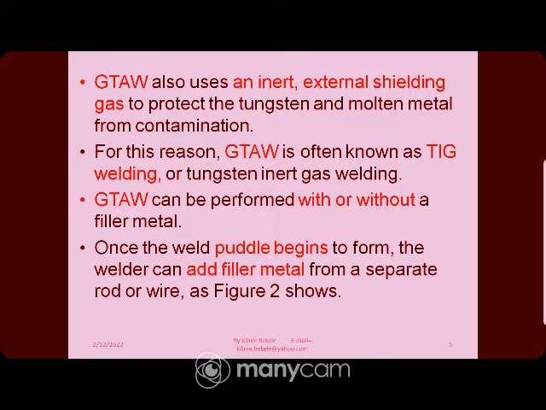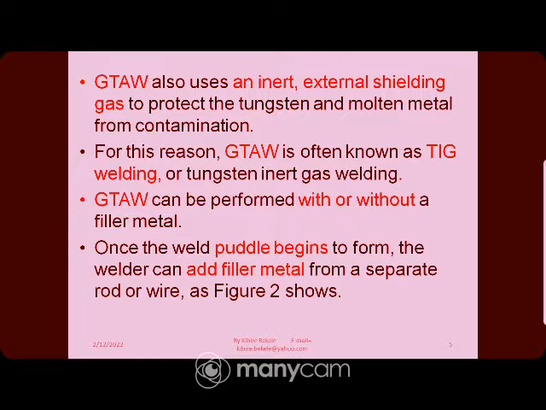The gas tungsten arc welding can be performed with or without filler metal. This means the use of filler metal depends on the material to be welded, its thickness, and the joint design. In some cases, it's important to use a separate filler rod, which is supplied from the side once the weld puddle begins to form.